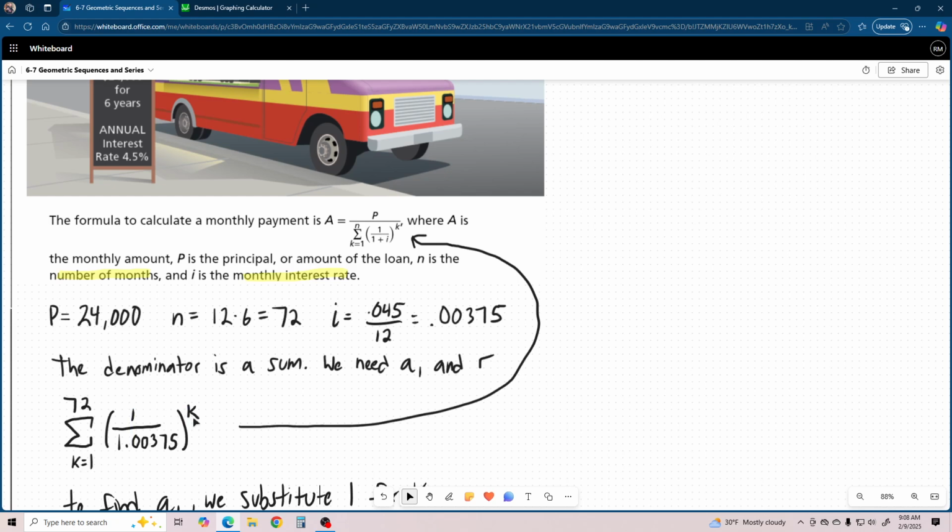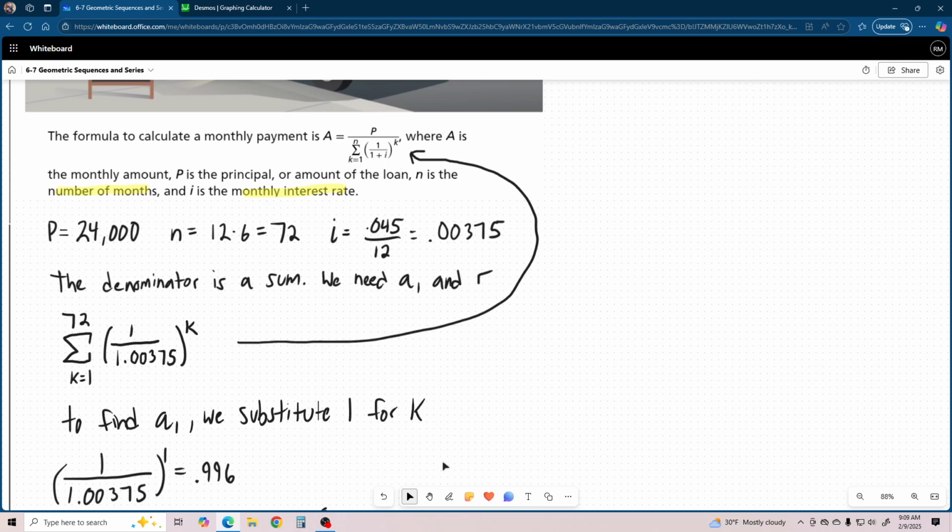So this is our sum. If we take this piece right here and enlarge it, it's the 1 over, and then this is 1.00375 because it's 1 plus this. All I did was take what they gave us, figure out what these numbers are, and plug them all in.